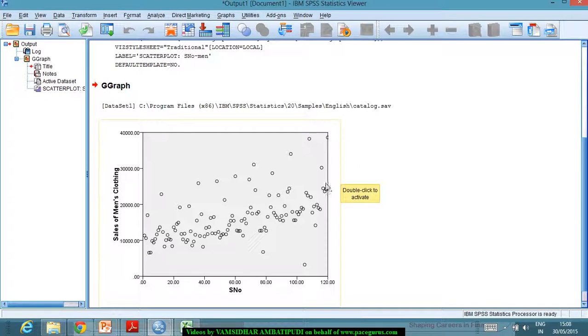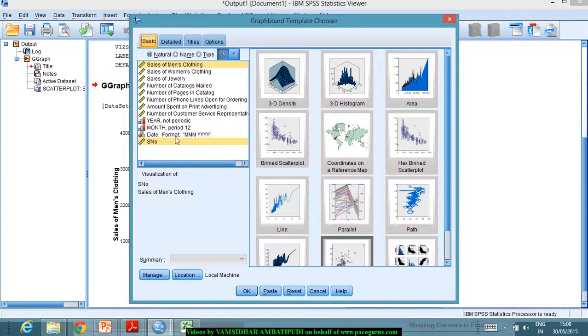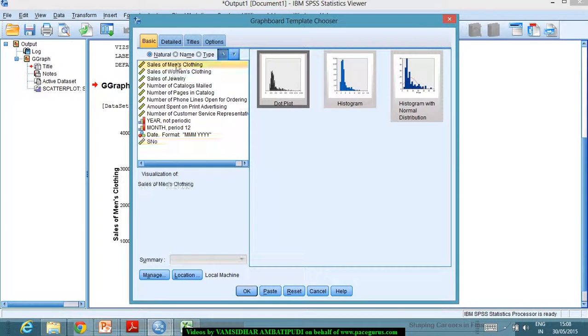Instead of a straight line pattern, it is showing that for some periods, the values are much higher. So a typical scatter plot is giving me something like this. Or probably even if I am depending on the line chart, for the same sale of men's clothing, I can actually go with a kind of a sequence, a line chart also.